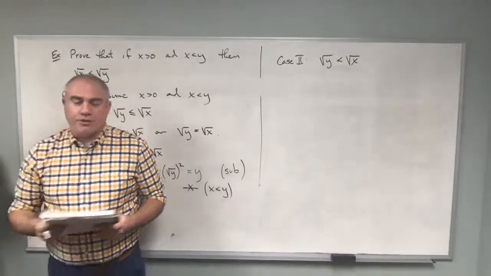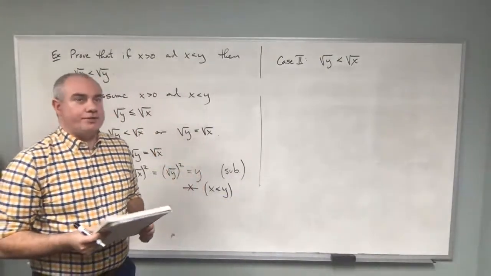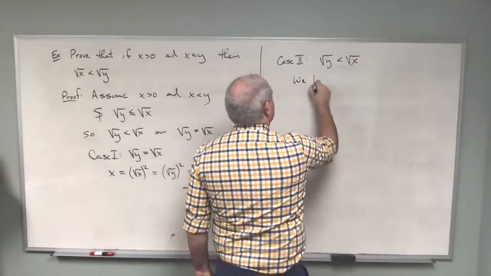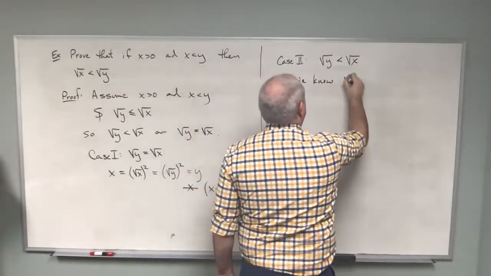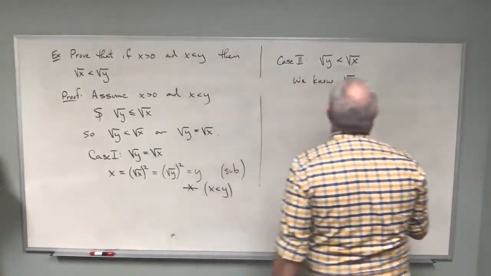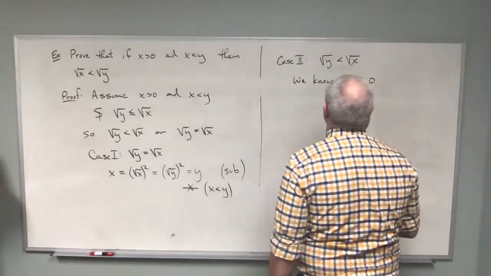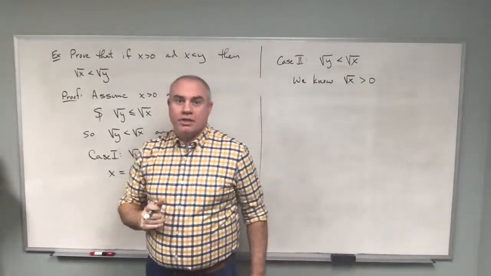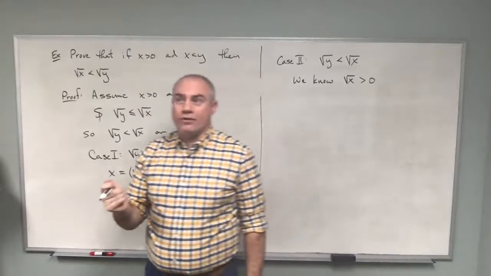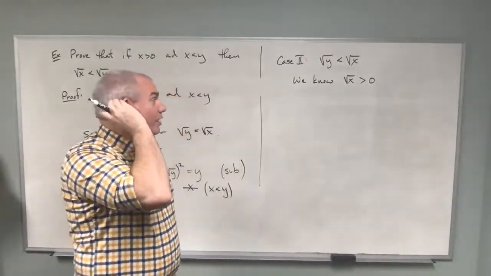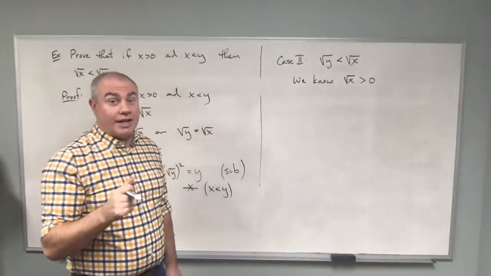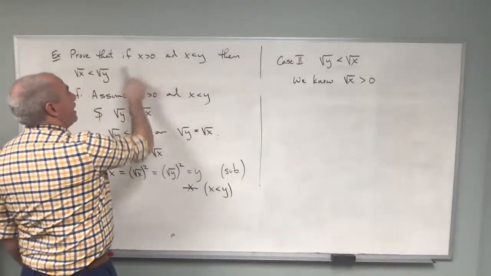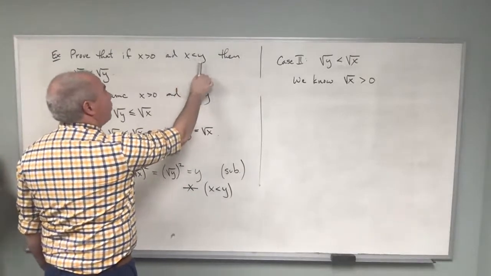Okay, so this is where I need to use a little knowledge about the square root. So we know that the square root of x is a positive number, right? Because x is a positive number. So if x is positive, then the square root of x is positive. Can I say that the square root of y is a positive number? I'd like to. I think I can because I know that 0 is less than x is less than y.